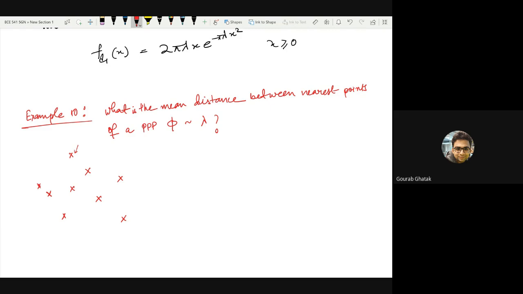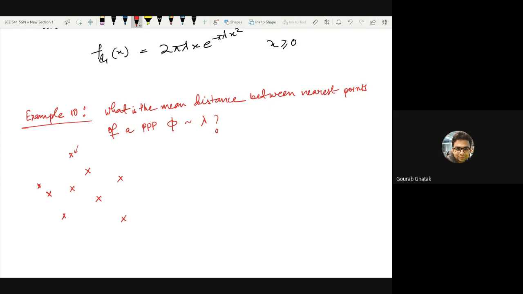As an initial starting point, I'll tell you that thanks to Slivnyak's theorem, we can go to a point of this point process and calculate the nearest neighbor distances from the origin by considering that point to be located at the origin, and none of the statistical measures of the rest of the process changes.